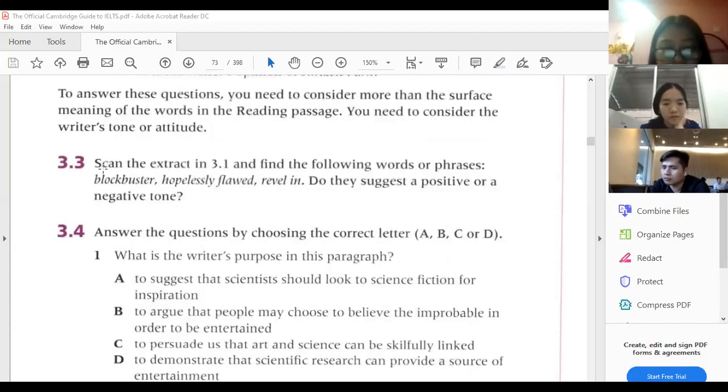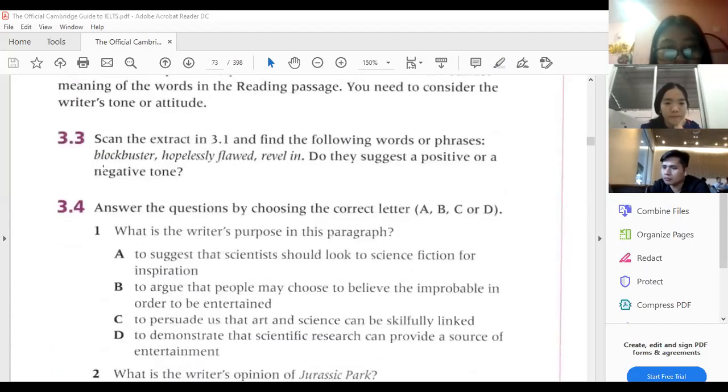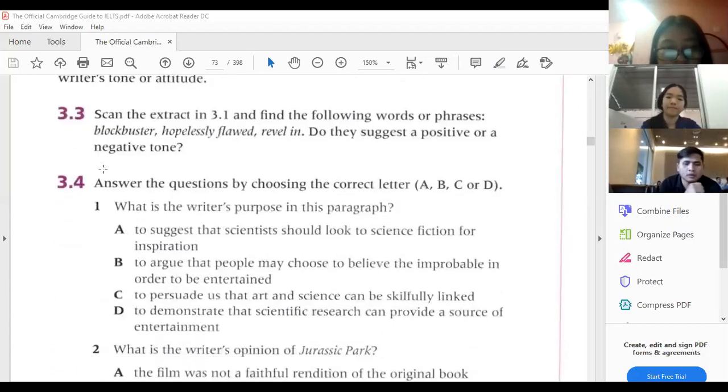All right, let's go. So number 1, there are 4 choices, and the question was about the writer's purpose of the paragraph. So choice A, to suggest that scientists should look to science fiction for inspiration. B, to argue that people may choose to believe the improbable in order to be entertained.